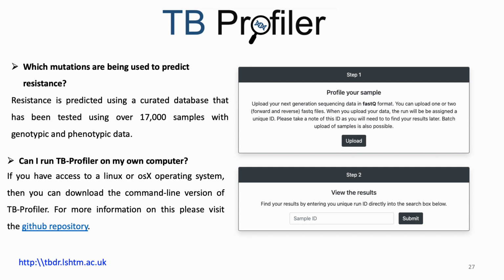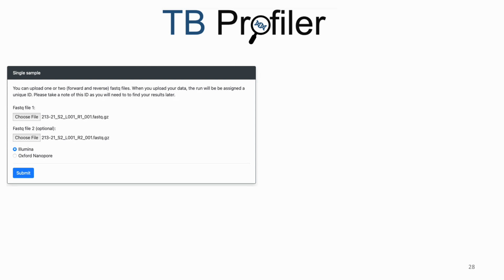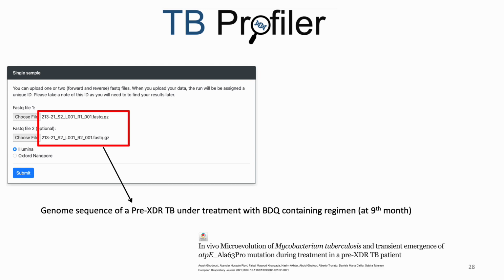But for those who want to use it as a web tool, you can easily go to this address and upload your FASTQ file, as we can see in the next slide, and we will see the interpreted results for the drug resistance and the lineage. So as you can see, you can upload your next generation sequencing data in FASTQ format.